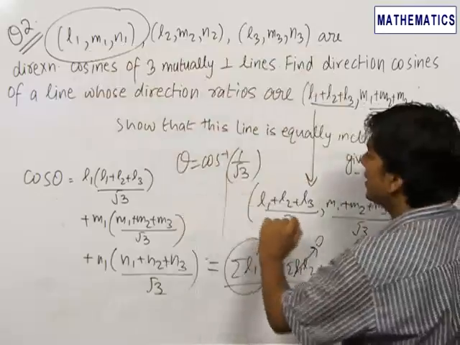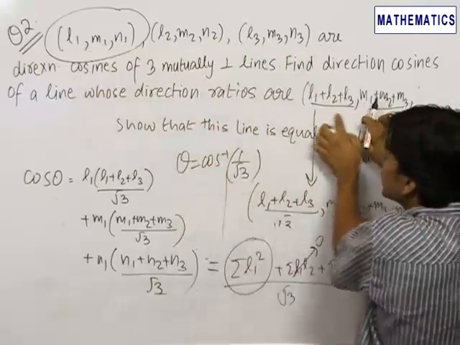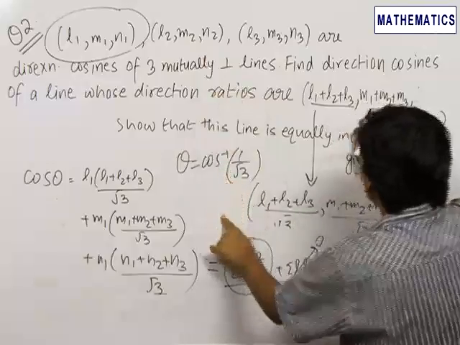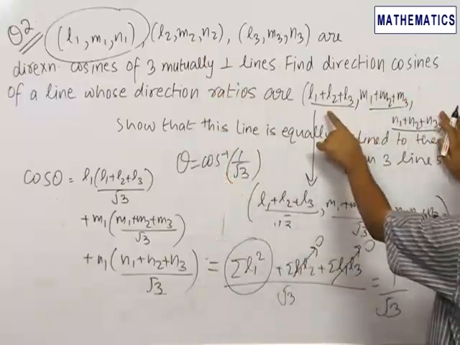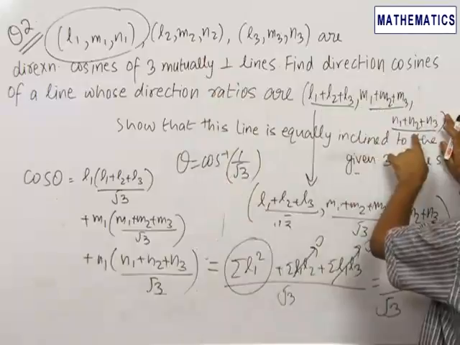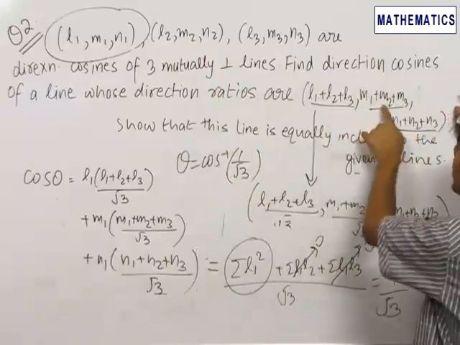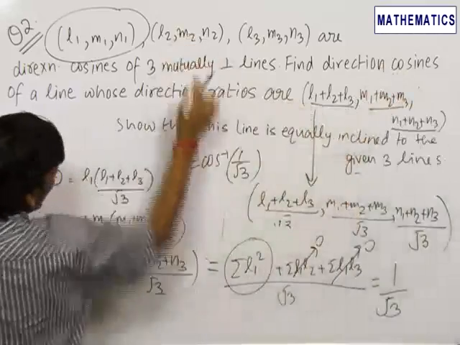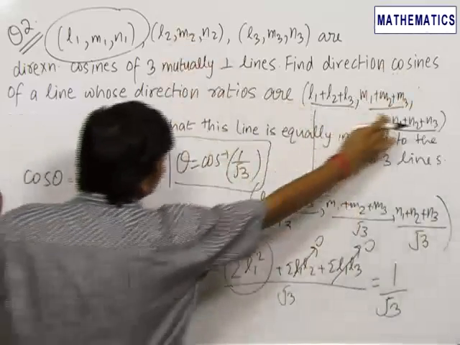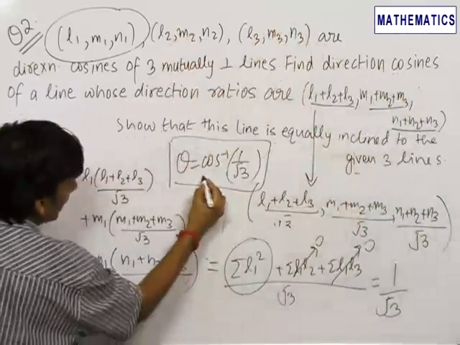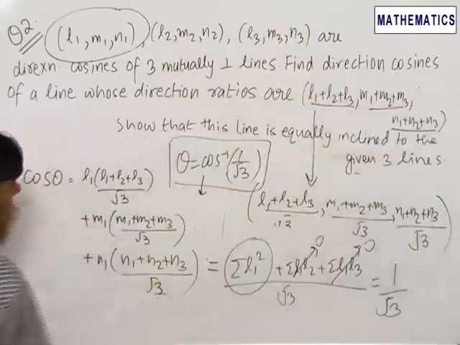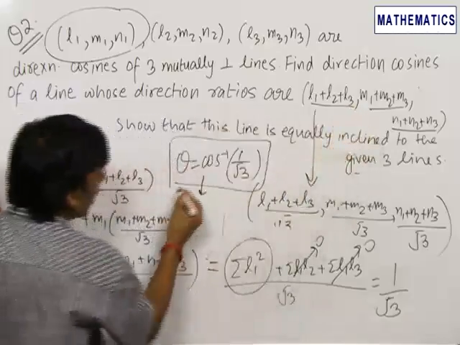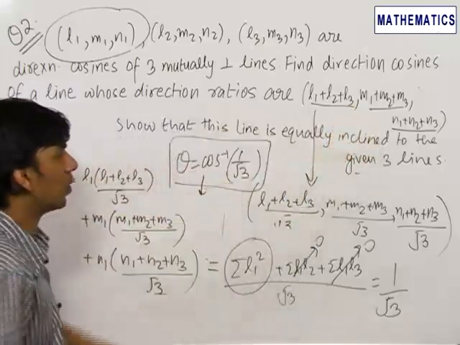Similarly, for the combination of this line and this line also, the result will come out to be the same, because this term has no bias between the three sets of direction cosines. Therefore, for these two lines we will have the same angle, and for these two lines we will have the same value for theta, and hence we prove that all three lines are equally inclined to this line, and the angle of inclination is cos inverse 1 upon root 3.